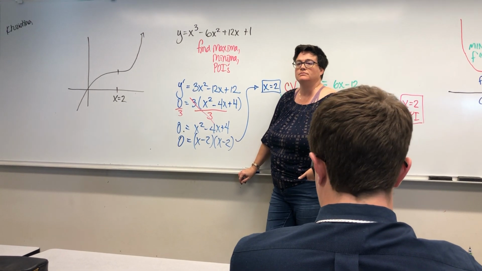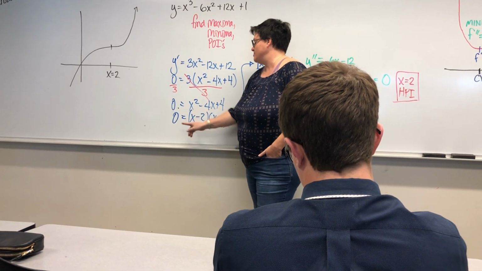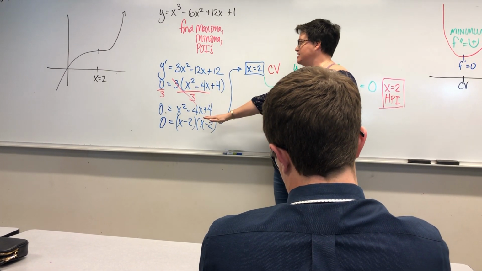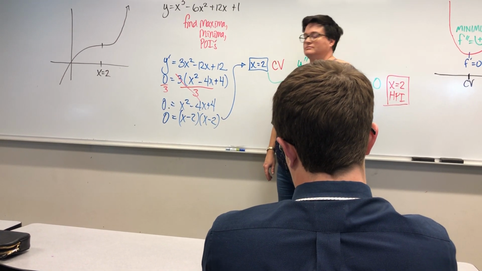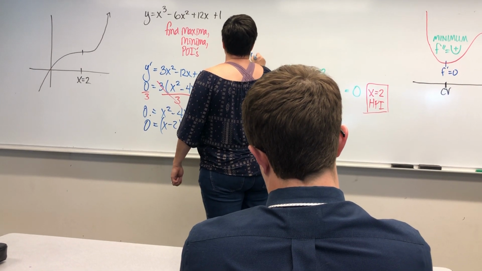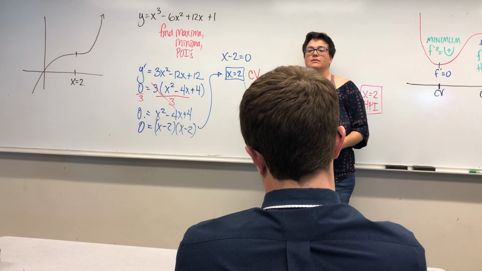And then how do you get x equals 2? Well, I set my terms equal to 0, but since they're the same term, I'm going to get the same answer out. So x minus 2 equals 0, what does x equal? The step in between is x minus 2 equals 0. So I just solve for x. X equals 2.